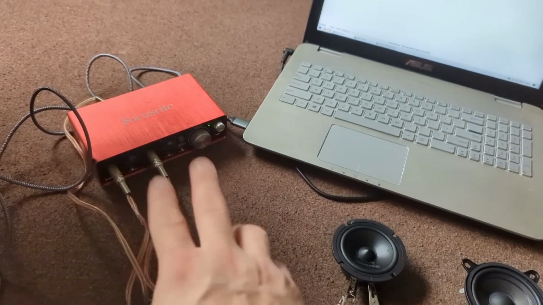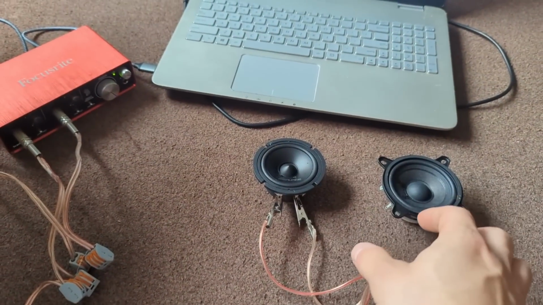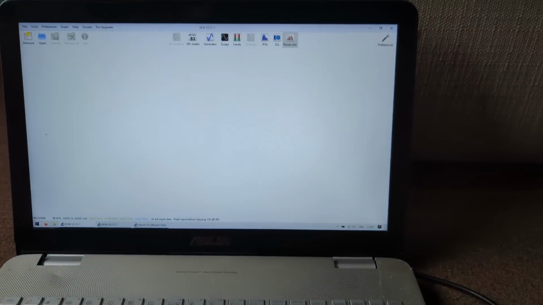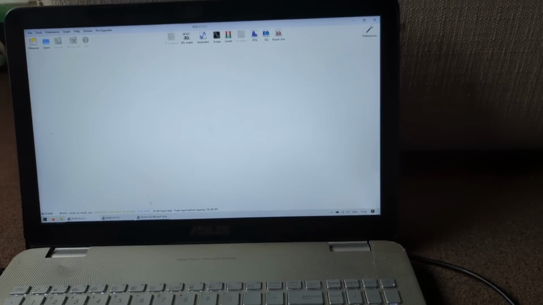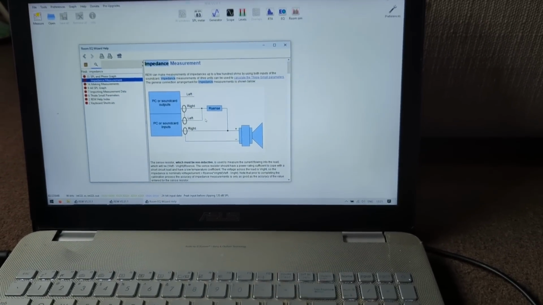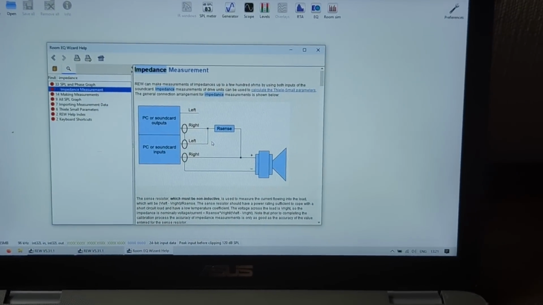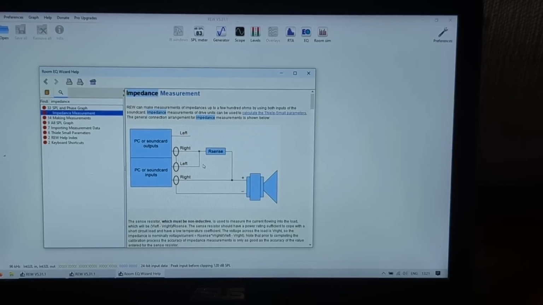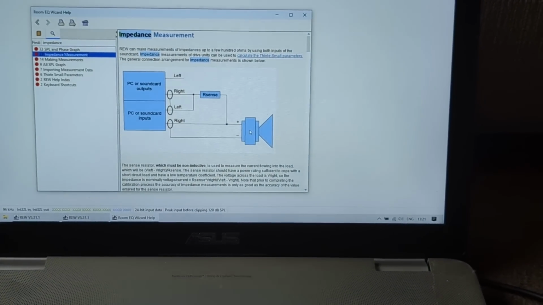Every two-channel audio interface can measure the impedance of any speaker. If you go to REW, because I do use REW, if you go to the help section, show help, and pop in impedance measurements, it's going to give you a nice diagram of how to connect your audio interface inputs and outputs with a resistor in order to measure the impedance of a speaker.